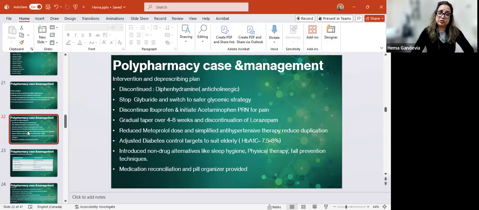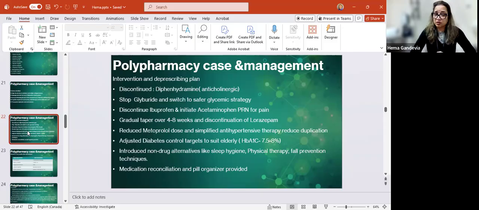Sorry, we could switch her to gliclazide, which is safer in elderly patients. Encourage the patient to discontinue ibuprofen and initiate acetaminophen PRN for pain, and have a mutually agreed time frame for a gradual taper and discontinuation of lorazepam, which is a benzodiazepine, for the patient.